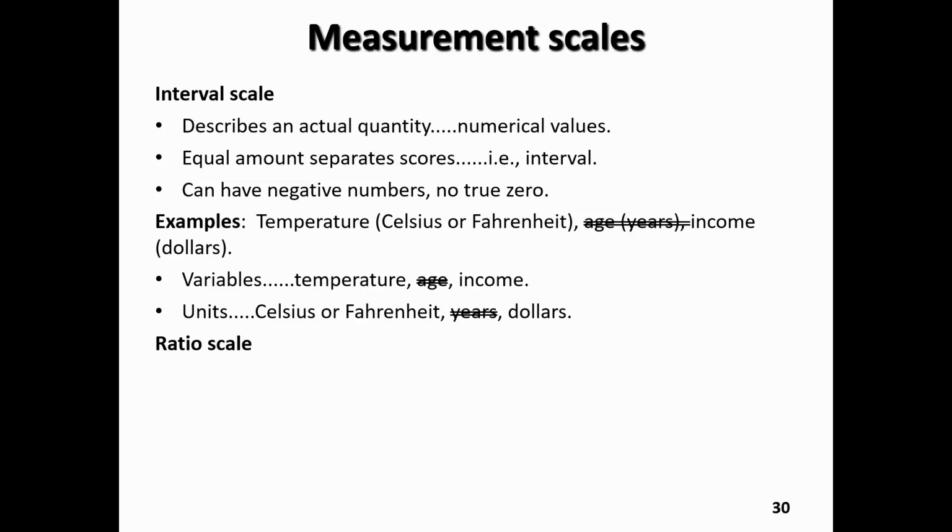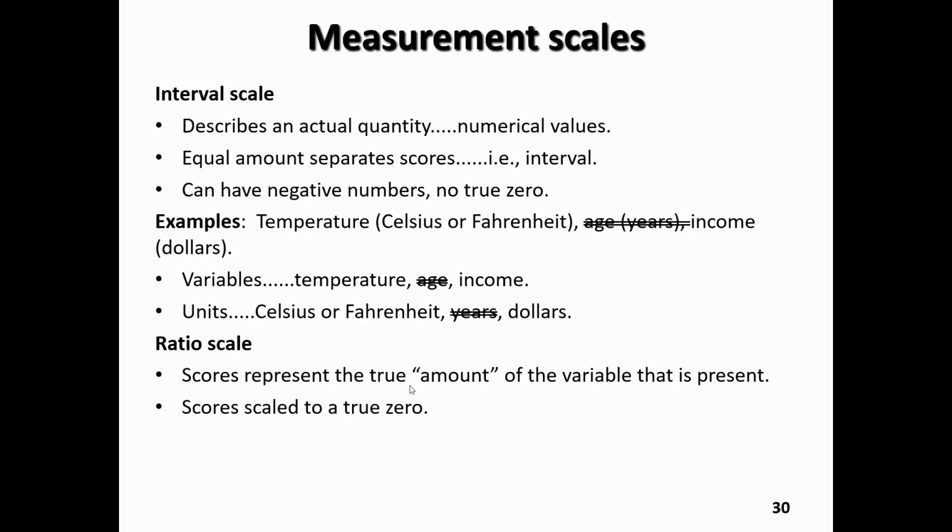The highest level, which is somewhat similar to the interval scale, is the ratio scale. So the ratio scale does actually represent the true amount of how much that variable is present, and these scores are scaled to a true 0. And on the ratio scale, a 0 would indicate the absence of the quantity we're trying to capture.